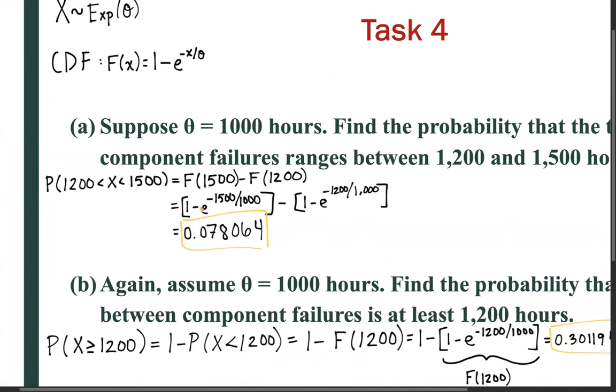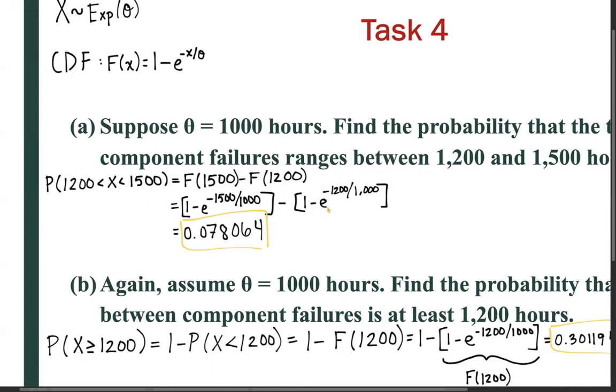So we have F(1,500). We're going to put 1,500 where x is. So we have 1 minus e to the negative 1,500 divided by our theta, which is 1,000. Then we subtract that from F, the CDF, of 1,200.